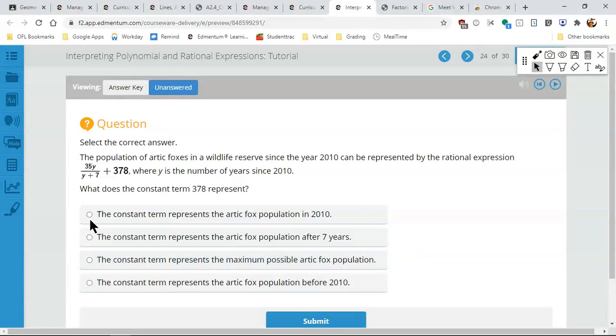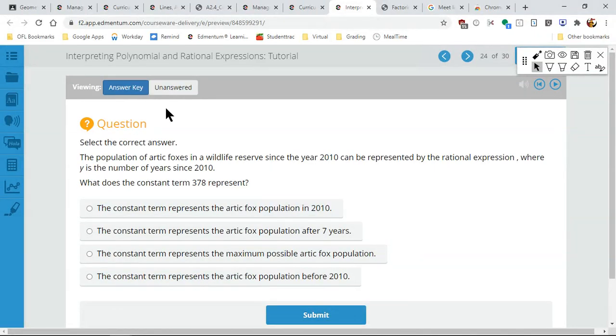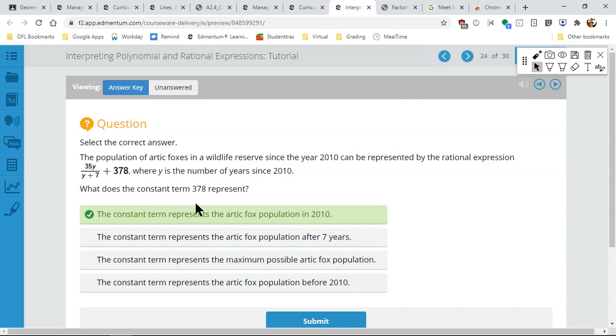Again, I know I kind of gave away the answer. I guess I'll just leave it there. But let's talk about this. What does this constant represent? The population of Arctic foxes. So this represents the number of foxes, where y represents the number of years since then. So we're talking about years. y is how many years since then.